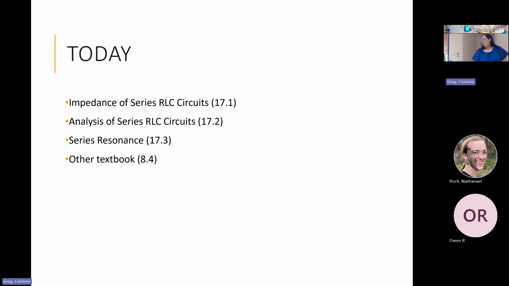So today we're going to talk about some RLC circuit stuff from this textbook. Not everything in this textbook is what we are expected to be able to do based off of the course competencies, so we will be visiting the previous textbook. In particular, this is chapter 8, section 4.